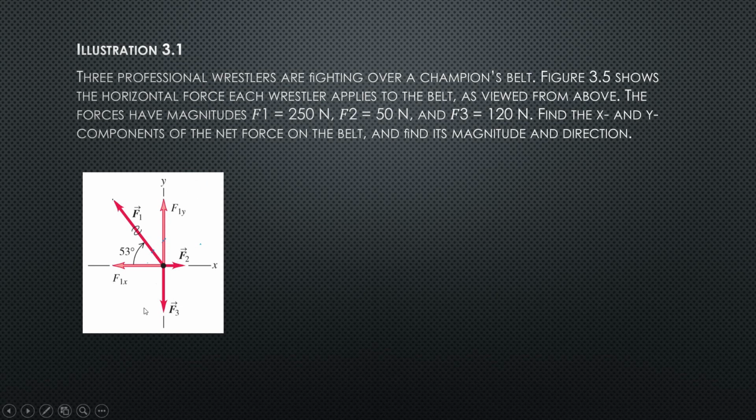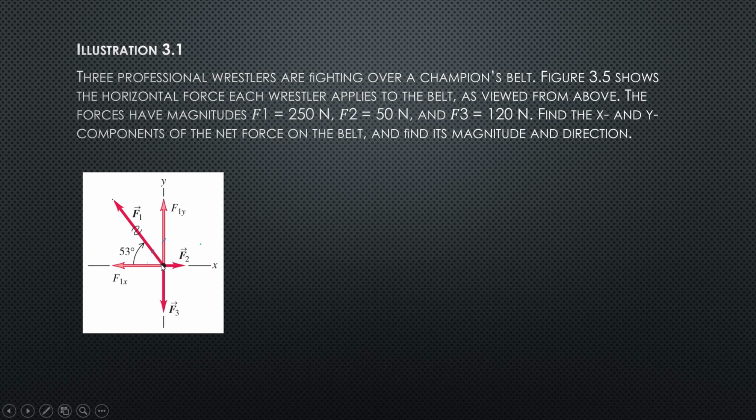So this figure is the top view. The forces have magnitudes: force 1, 250 newtons, force 2, 50 newtons, and force 3, 120 newtons. Find the x and y components of the net force on the belt and find its magnitude and direction.